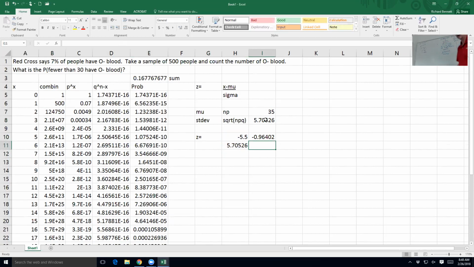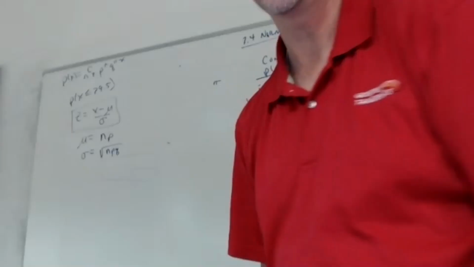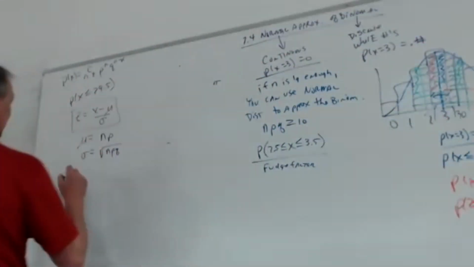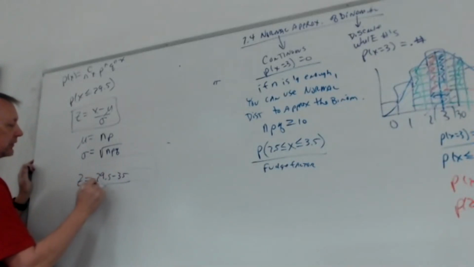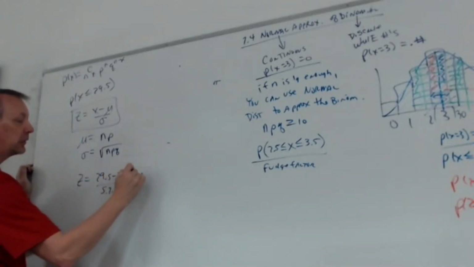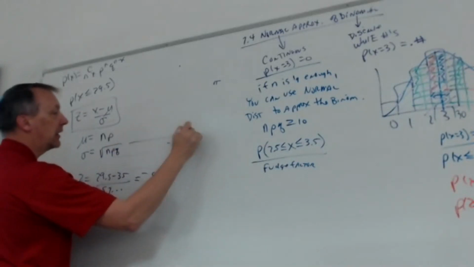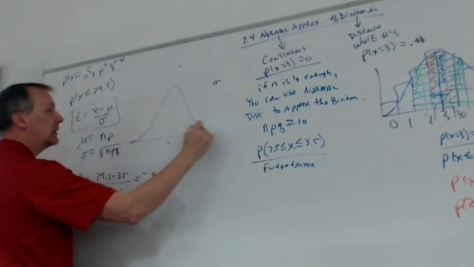Okay, so what I've done here, I'm going to stop sharing for a moment so you can see my board here. So I've got z equals 29.5 minus 35 over the 5.7, whatever the numbers are, which equals negative 0.96. Okay, so what I've done is I've converted this to a standard normal.